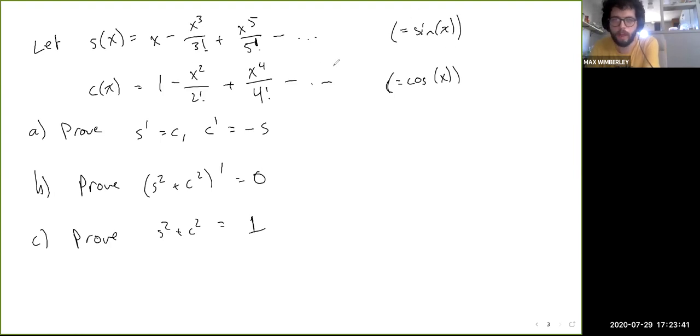You can take these as definitions of sine of x and cosine of x, and then you can prove all of this stuff just from these definitions. So don't use anything about sine of x and cosine of x, but that is kind of floating around in the background, that's what these actually represent, and that's why all this stuff works out. Or from a certain perspective, you could say that's why this stuff works out.